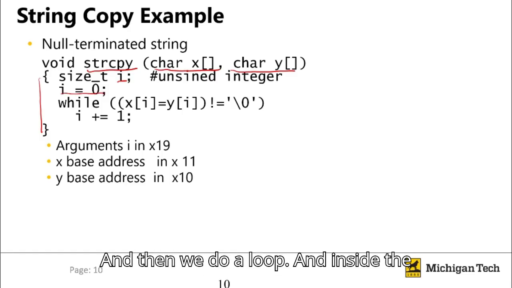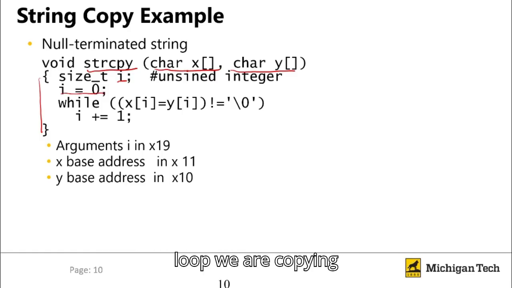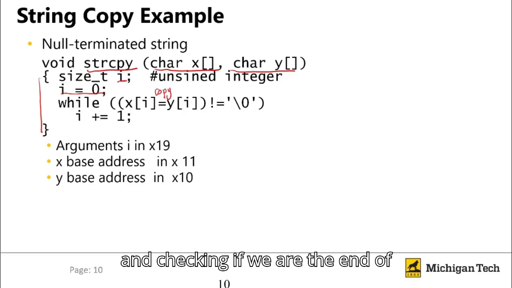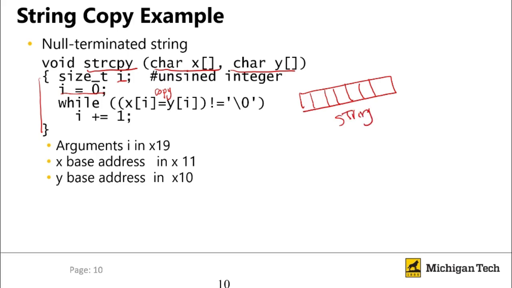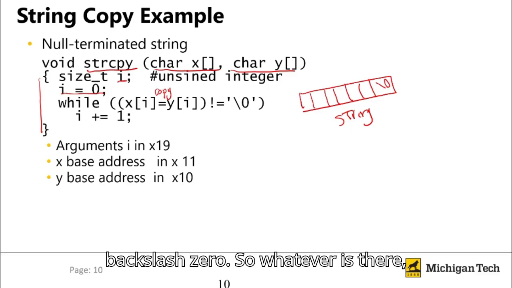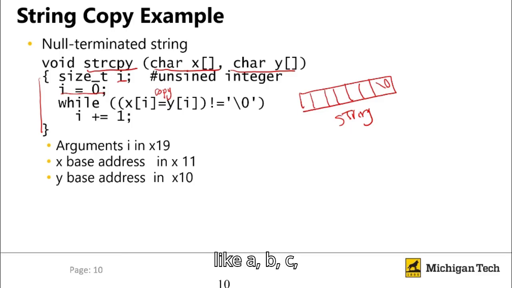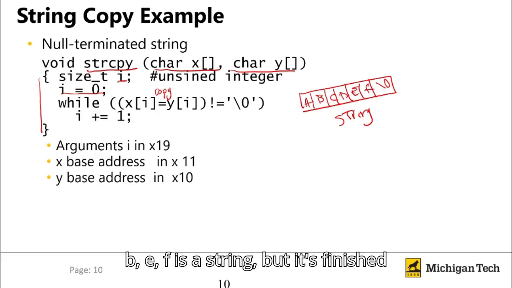Then we do a loop, and inside the loop we are copying and checking if we are at the end of a string. Strings in C++ are finished with \0. So whatever is there, like A, B, C, D, E, F is a string, but it's finished with \0.